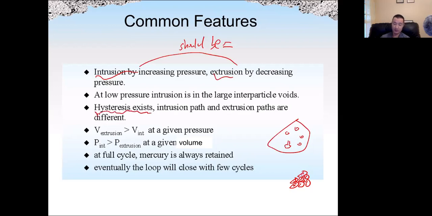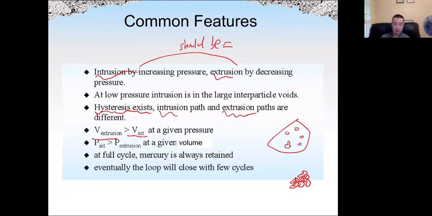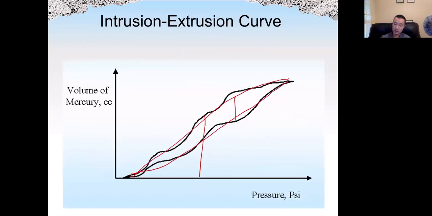Hysteresis describes the difference between extrusion and intrusion paths. The volume of extrusion will always be larger than the volume of intrusion at a given pressure. So this is the extrusion, and this is the intrusion curve.